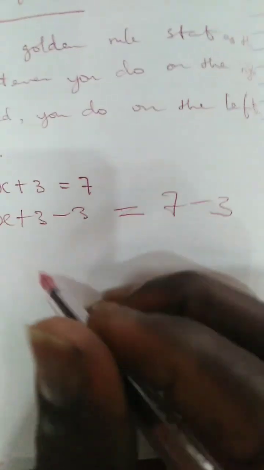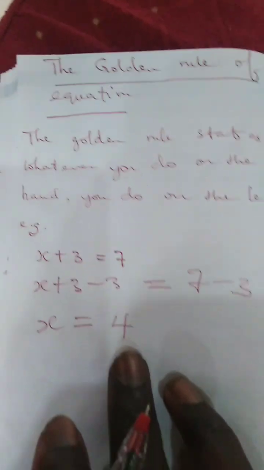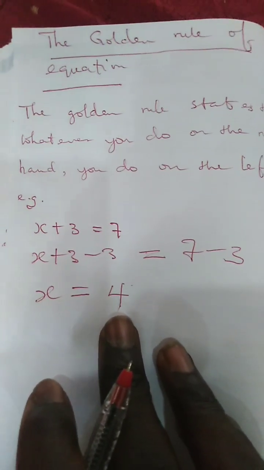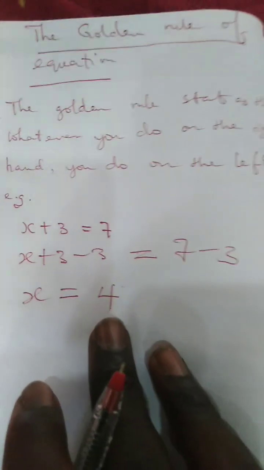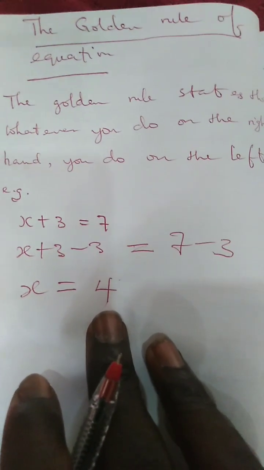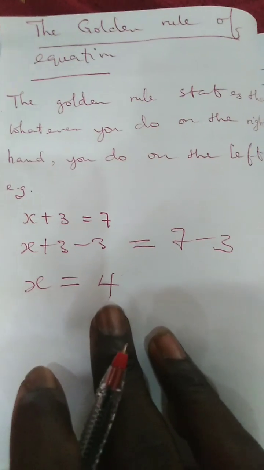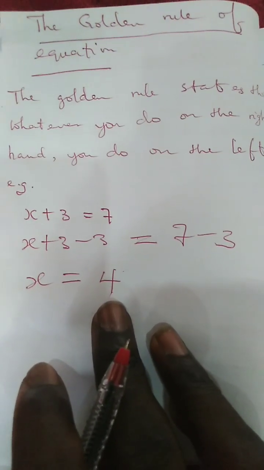So minus 3 plus 3 is 0. 7 minus 3 will give us 4. You see that I've applied the golden rule here. If it is minus, meaning I'm going to add 3 to both sides. If it is multiplication, I'm going to multiply both sides by 3. Are we getting it? Alright.